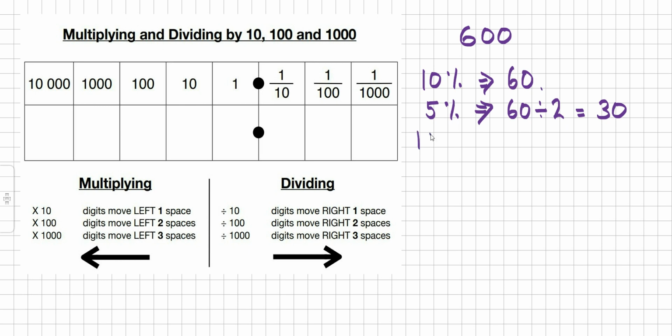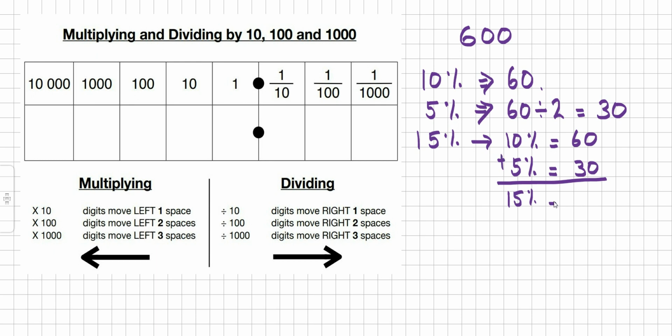What about 15%? Well, for 15%, we could just take 10% is 60, 5% is 30, and we could add them together so that 15% is 90. And so it goes on.